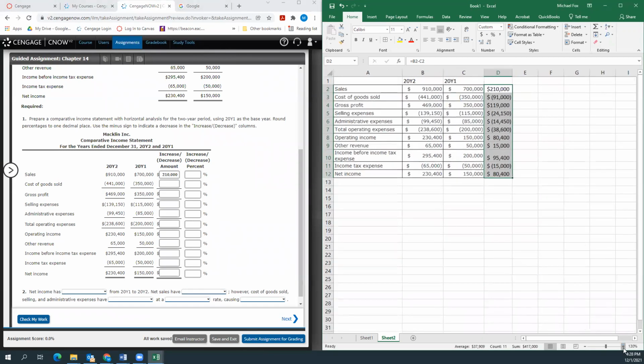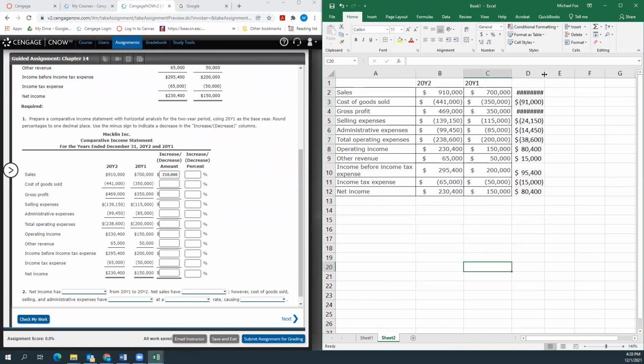So I think it's worth taking the time to put this info into Excel, because then I can do all the math really quick. But if you didn't want to do it, you could always do it just with a calculator.